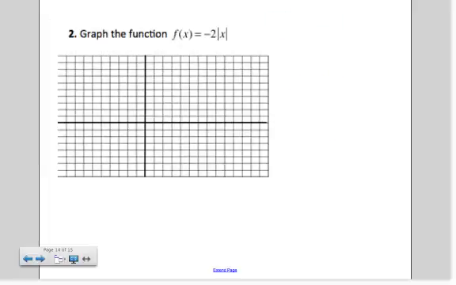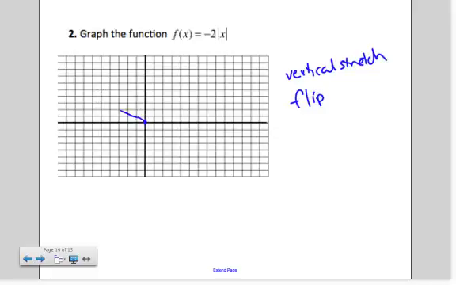Okay, here's another one. This one has a vertical stretch, and then it has a flip. So my original one looks like this. It's got 1, 1. Oops.